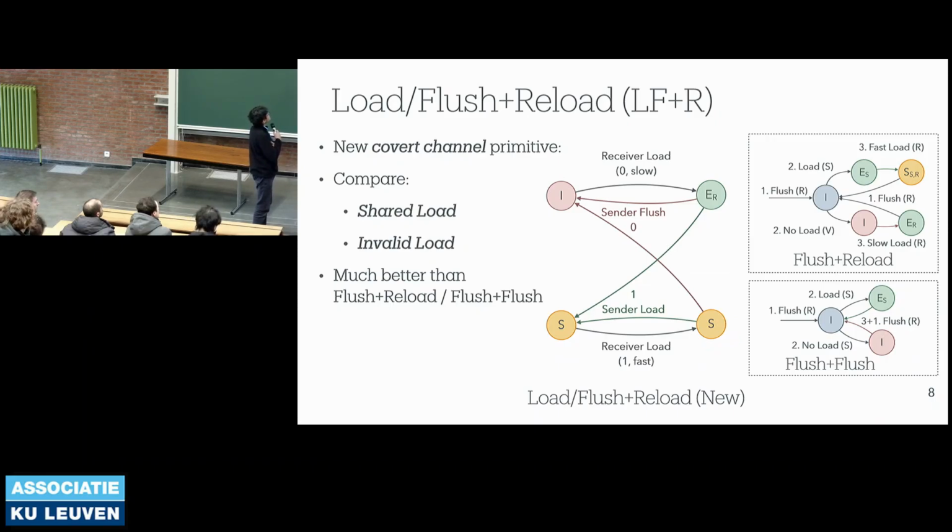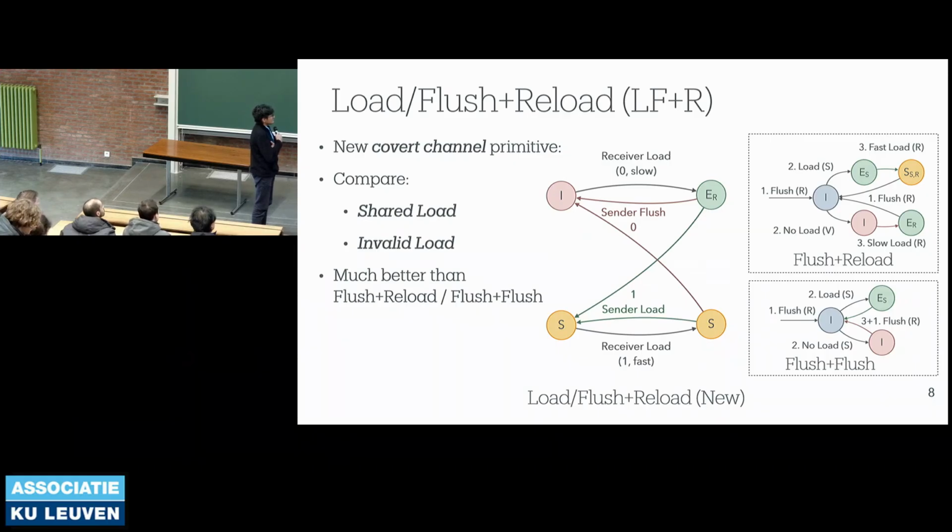Then the attacker does a load, and you move into a shared state. Meanwhile, if the attacker does nothing, you stay in the invalid state. And so what you're comparing is how long it takes to load something held exclusively in another core, and you compare this to how long it takes to load from an invalid state. So you're comparing exclusive in another core and invalid.